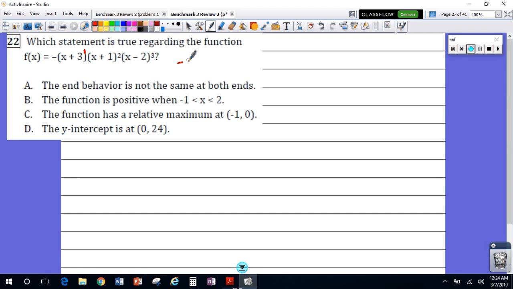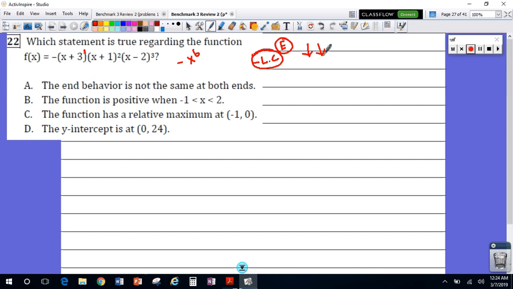So negative x to the power 3 plus 2 plus 1, negative x to the sixth power. So negative leading coefficient and even exponent. It means both ends will come down.